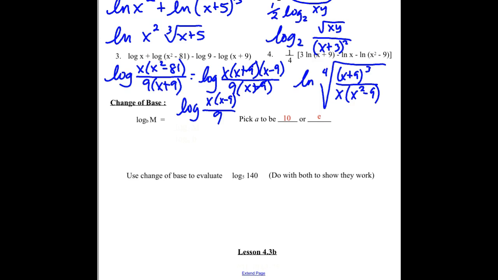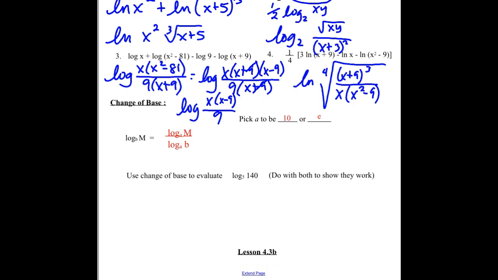And to do that, our formula says if we're going to take the log base B of M, it is equivalent to taking the log of M divided by the log of B using a different base. Again, we would pick base 10 or base E. Okay?